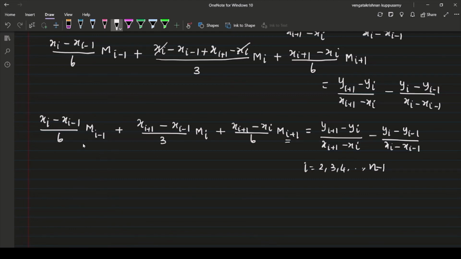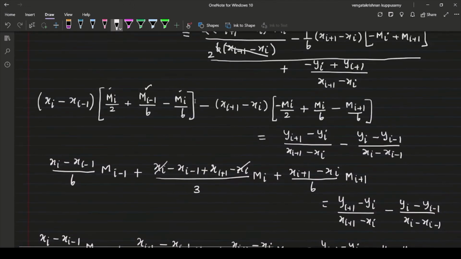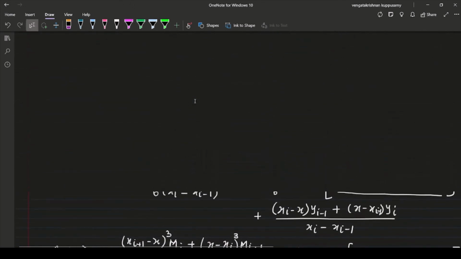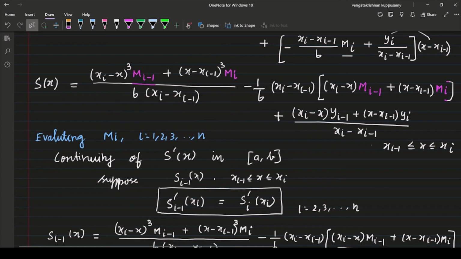So from this we have n minus 2 linear simultaneous equations in m_i. But there are n unknowns, m_1, m_2, etc., m_n. If we are able to find all those unknowns, we can substitute in the spline interpolating formula.